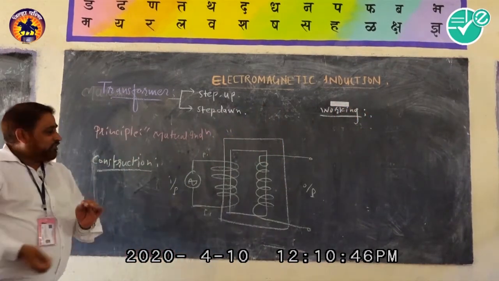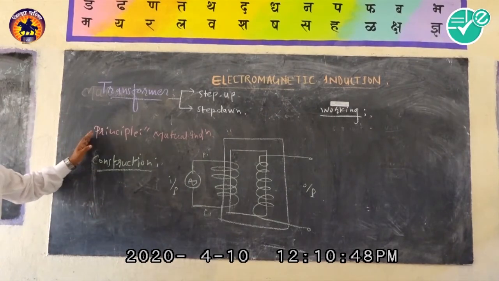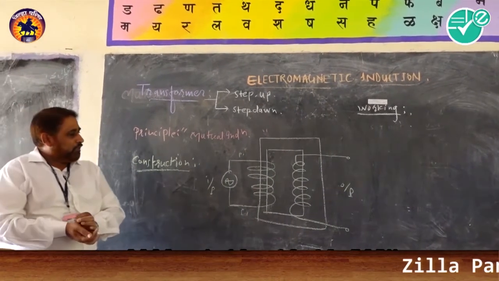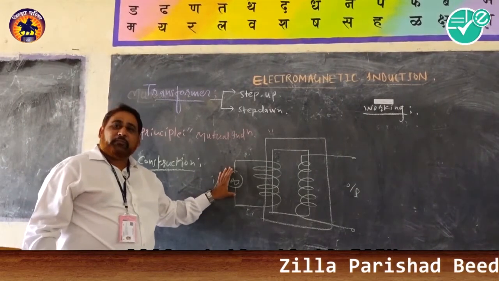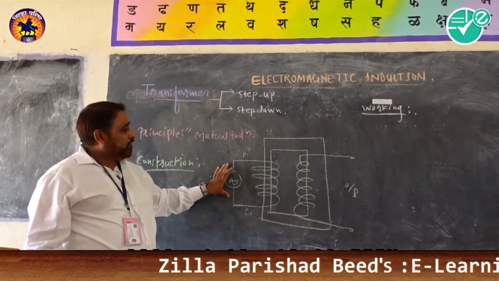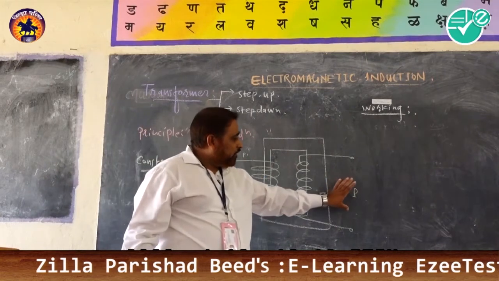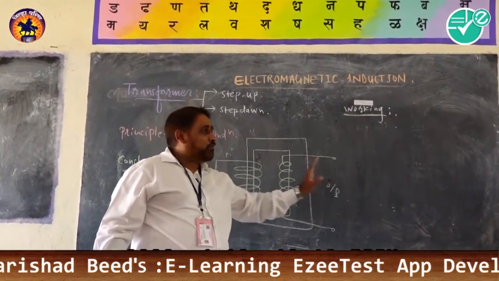As you know, this transformer is working on the principle of mutual induction. So how does it work? Input AC is supplied at the primary section, and we are getting the same AC at the output.